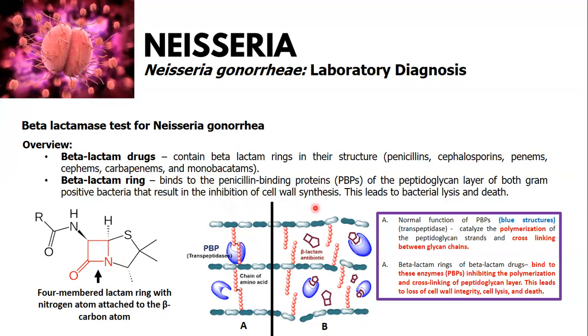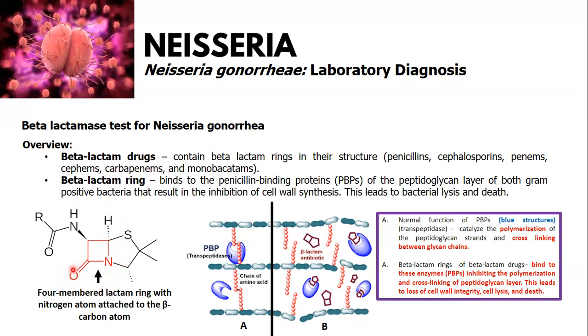And when this occurs, bacterial lysis and death happen. So I have here a visualization. This picture shows the beta-lactam ring of beta-lactam drugs. And as I said earlier, you'd know it's the beta-lactam ring because of the nitrogen atom. And this is the key to the antibiotic property of beta-lactam drugs.